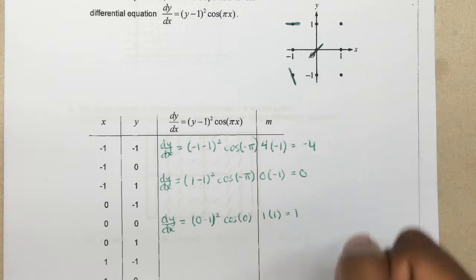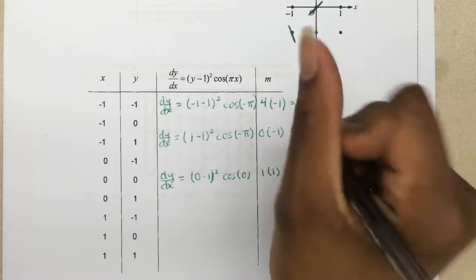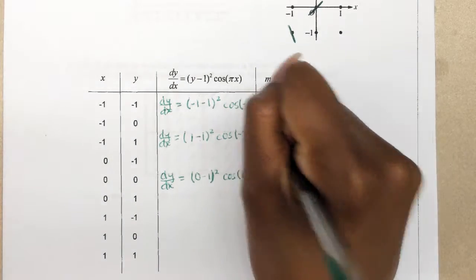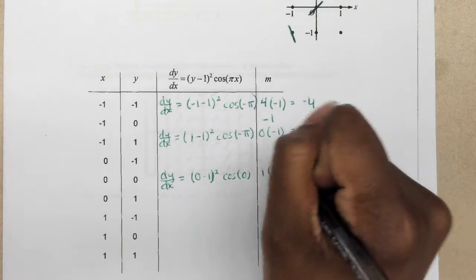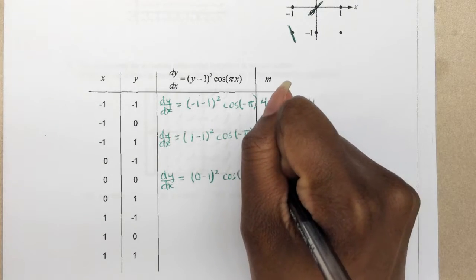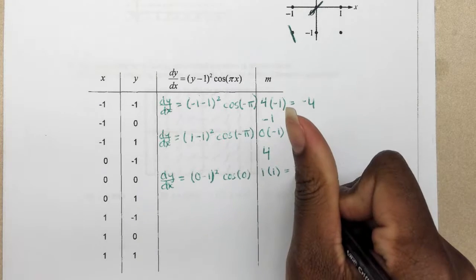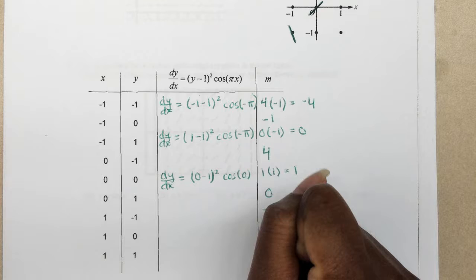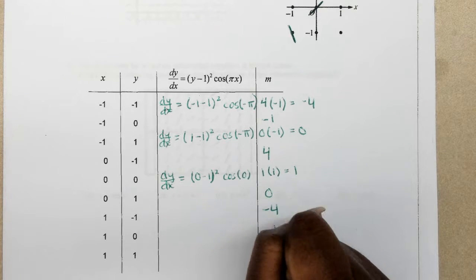If we continue this process, we'll see that at (-1, 0), our slope is -1. Then we have 0, then 4, then 1, then 0, then -4, -1, and 0.